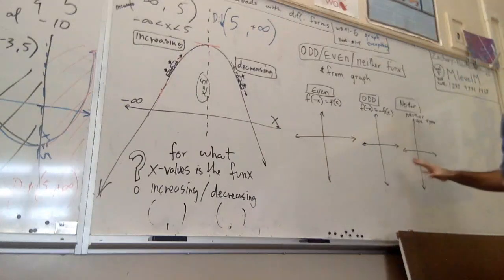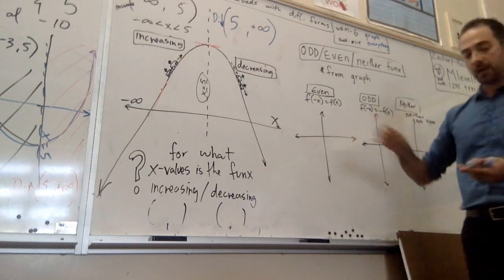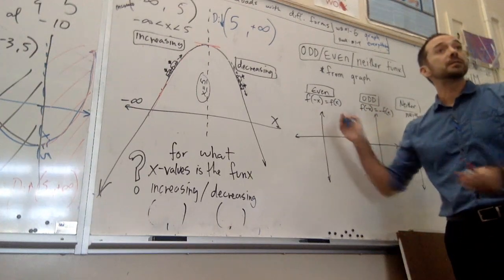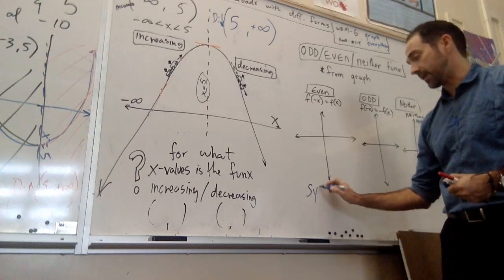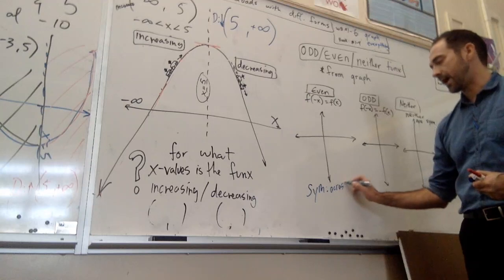All right, this is what we're going to start on. We're going to fill these in from the equations I have up here on Desmos. But the basics of this: evens have symmetry across the y-axis.